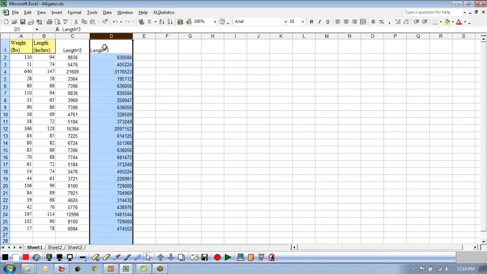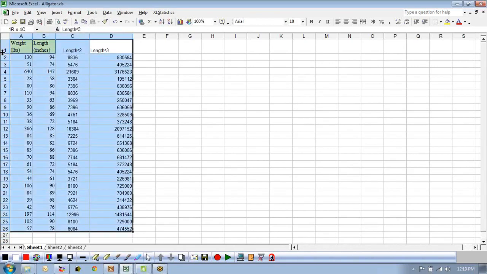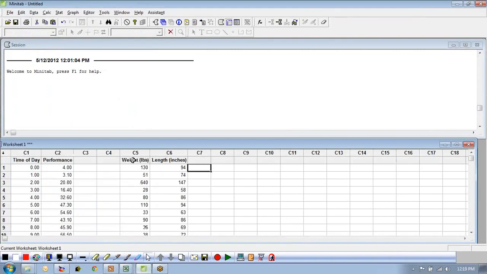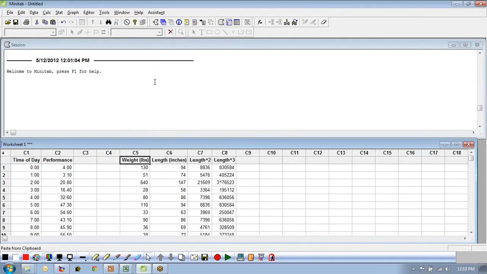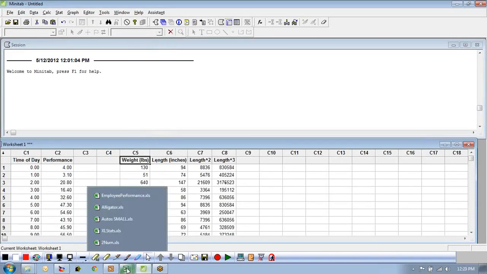Okay, and then I'm just going to port that all to Minitab. It's the only time I'll do this, by the way. And we can use Minitab to go ahead and do this in the regular way that we were doing before.